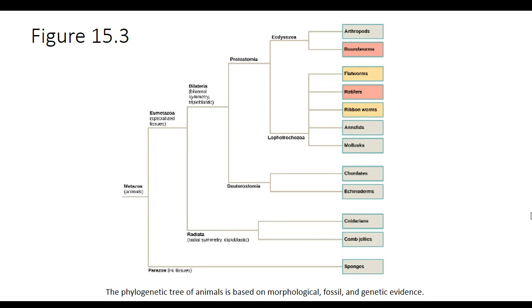A big one might be half an inch long, but they live in fresh water. If we go to any lake or a pond and take a water sample, you might find some of these. They just swim through the water. This also includes the tapeworms and some other parasitic worms.